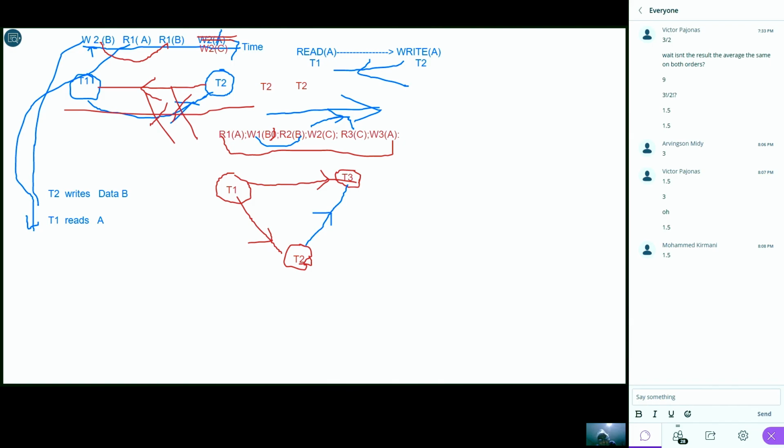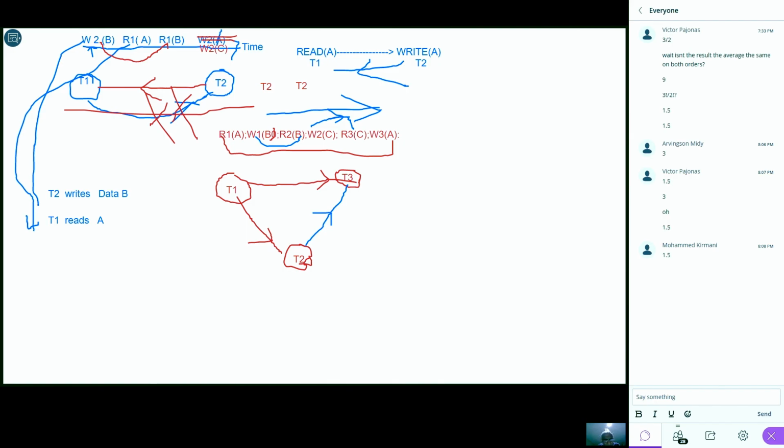So here is a schedule. What is the schedule here? Well, T1 can be first. Then we can go to T2. Then we can have T3.